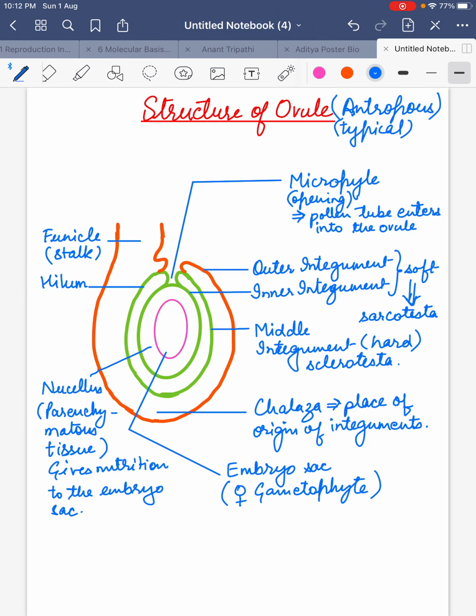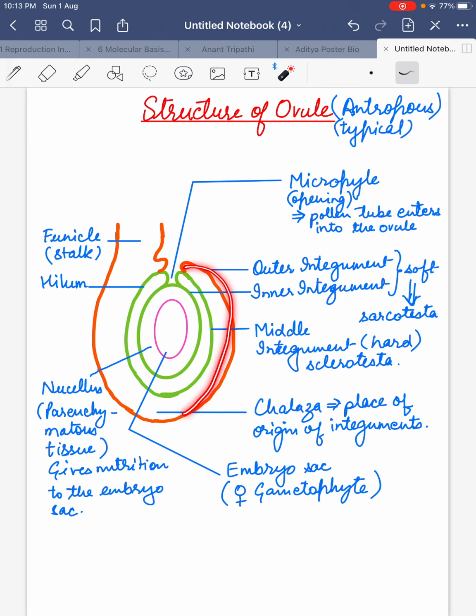Now, if you see the structure of ovule, which is anatropous or which we can call a typical ovule, it consists at one end of the micropyle or micropylar opening. So, why is micropyle needed? It is required for the entry of pollen tube into the ovule.